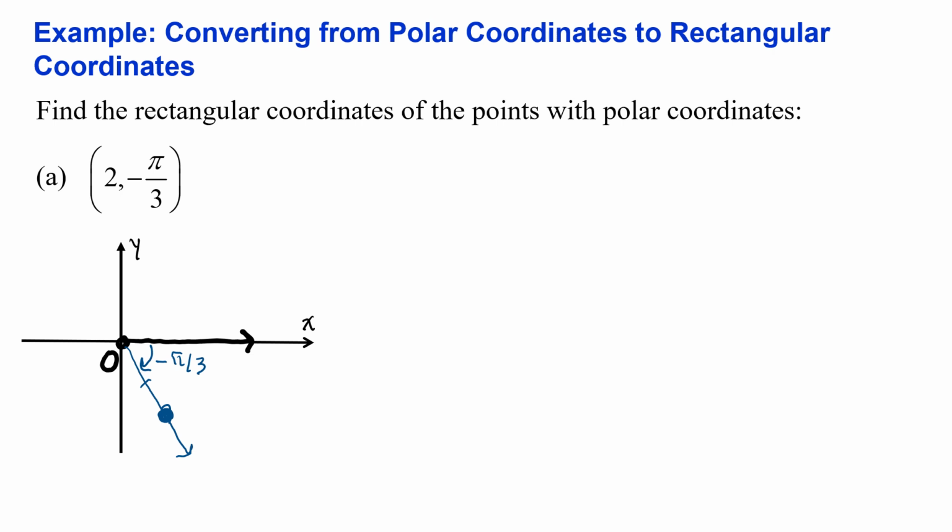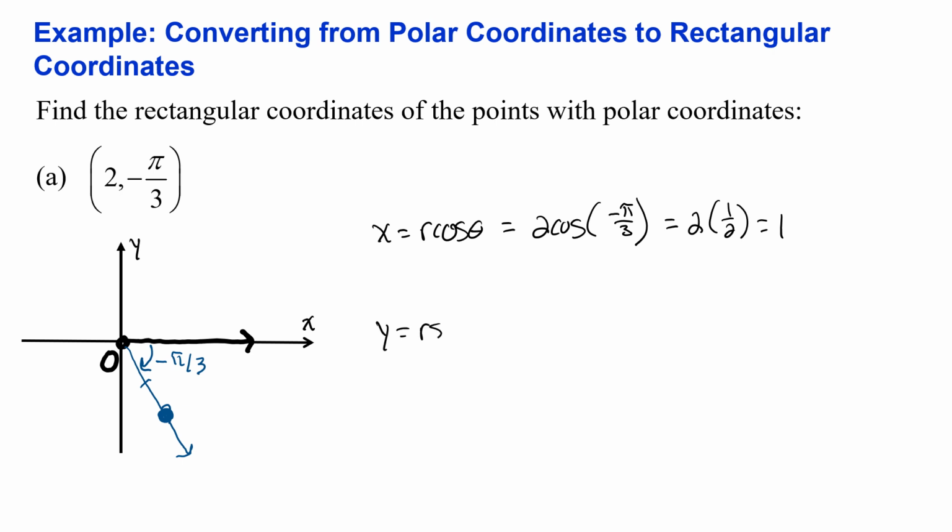So to find the x-coordinate, we use the equation x equals r times cosine of theta. Substituting in r equals 2 and theta equals negative pi over 3, we have 2 times cosine of the quantity negative pi over 3, which equals 2 times 1/2, which equals 1. Now to find the y-coordinate, we use the equation y equals r times sine theta.